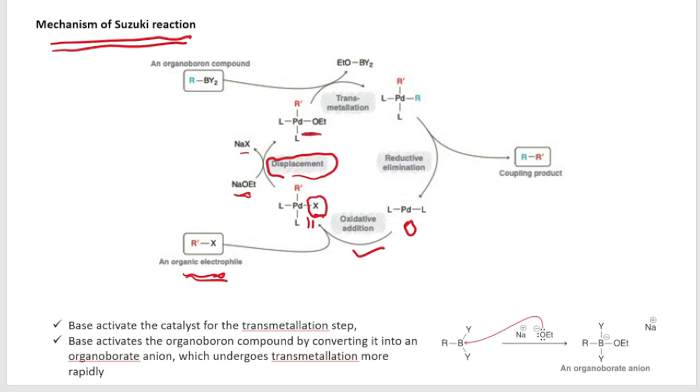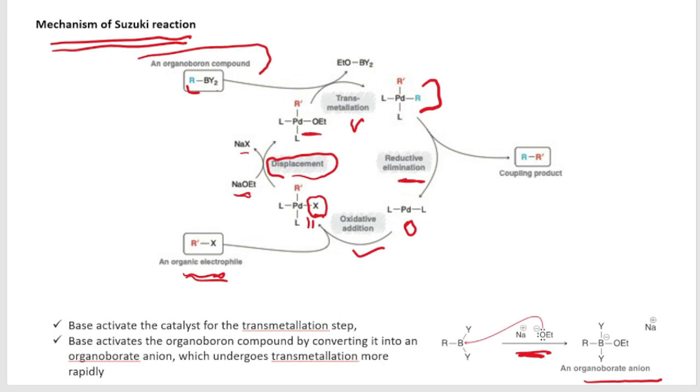Now the next step is transmetallation. To perform transmetallation, your organoboron compound reacts again with base and gives you an organoborate anion. That organoborate anion now undergoes transmetallation and this R group gets attached to the palladium.